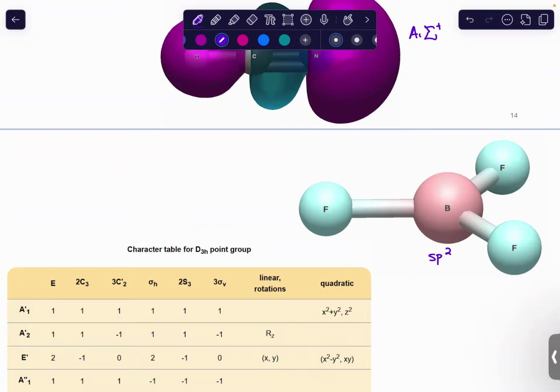And so I have to disagree with the textbook a little bit, because she said that the F atoms are also going to sp2 hybridize. I disagree because the Fs can rotate in space in any way they need to in order to line up a p orbital for a sigma bond. You can start to see that when we look at the characters of these.